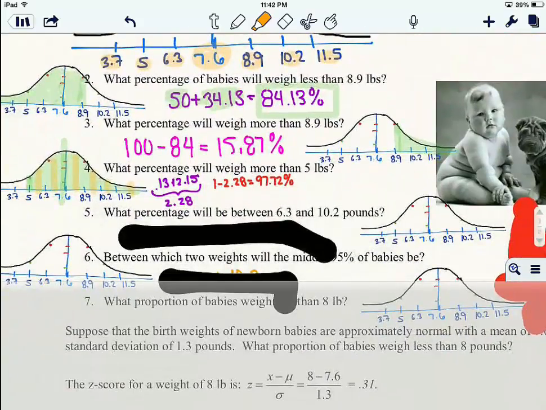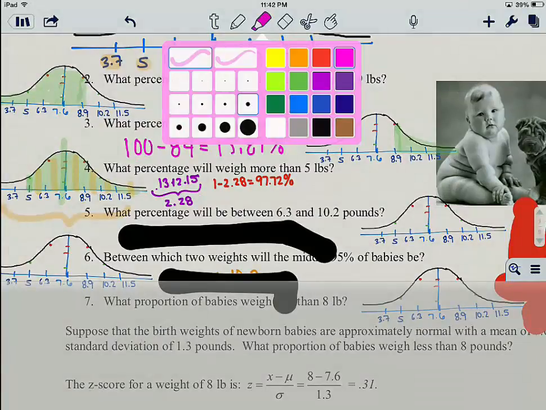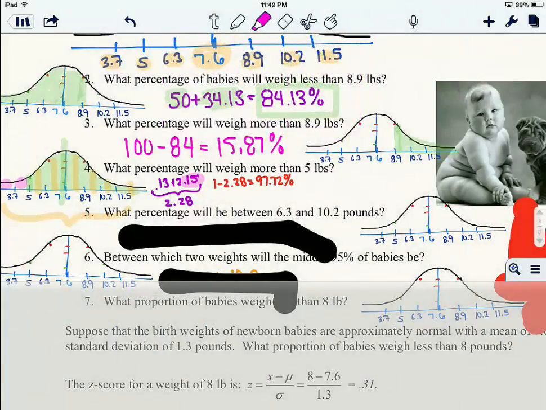Or, again, knowing that the whole curve is 100, or 1, we could just add up this one and this one, 2.15 and 0.13. That gives a total of 2.28. 1 minus 2.28, and we have 97.72%.